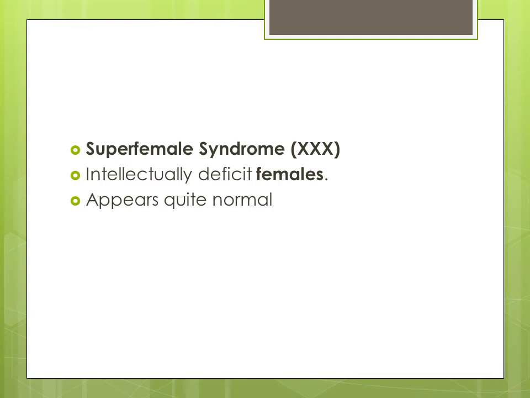They appear quite normal, but they can't keep up with the class and do not act average like other females. So again, that's super female syndrome. They have 3 X's.